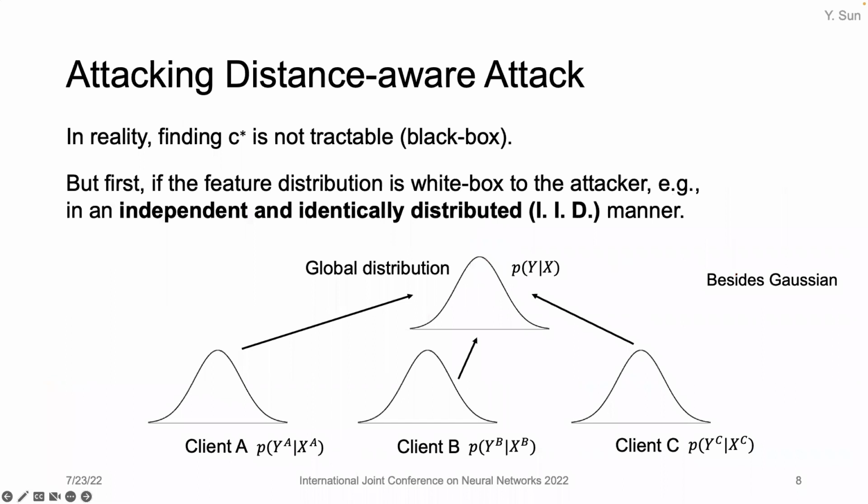In reality, finding the optimized C star is usually not tractable since it's a black box setting. But first, if the feature distribution is a white box setting to the attacker, for example, the distributions of different clients follow an independent and identically distributed, IID, manner, can we find such an optimized target class to mount the attack?